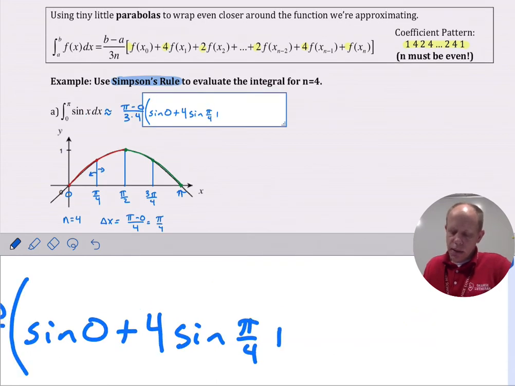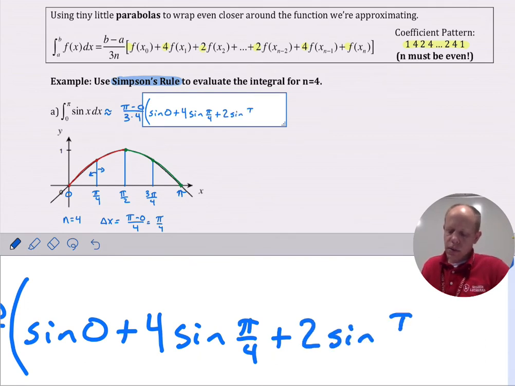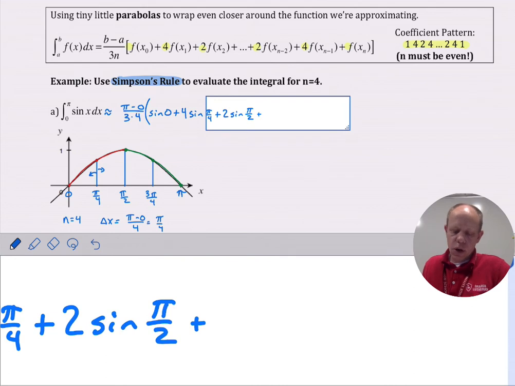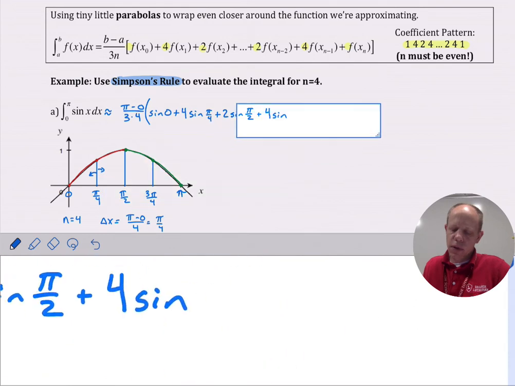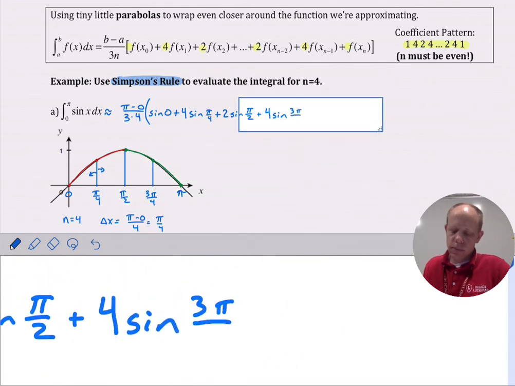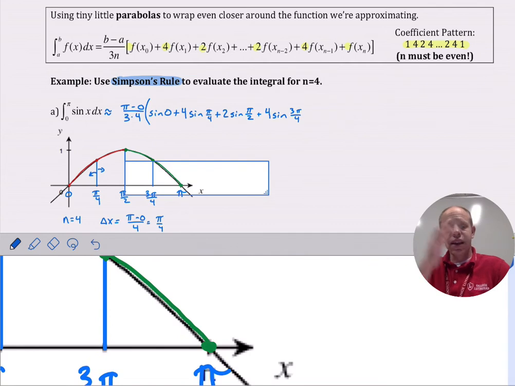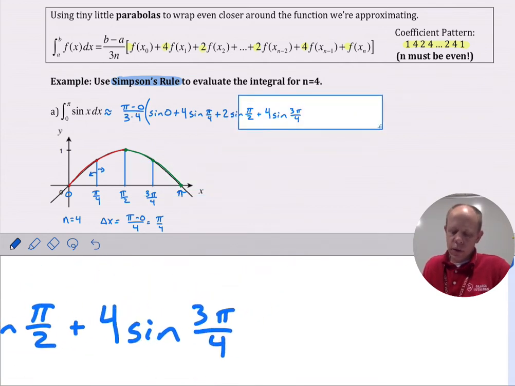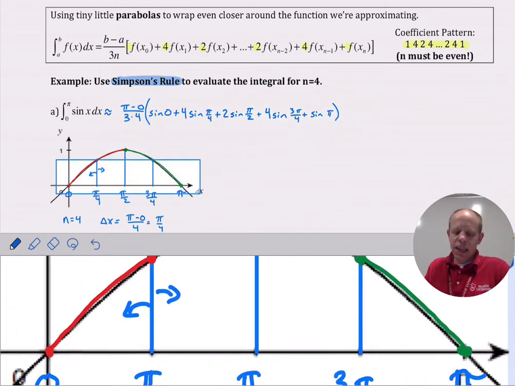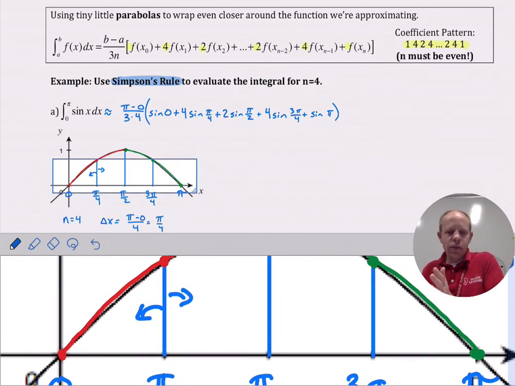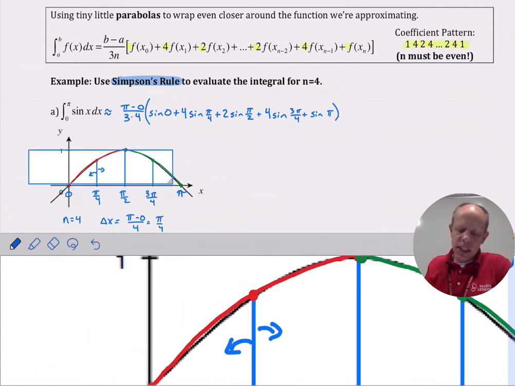Now we go back down to 2, so 2 sine of pi over 2. Then we go back up to 4, sine of 3 pi over 4. Finally, we're at the end of our interval, so we want just 1 sine of pi. You notice we had to have an even n value, so that when you split this up, you can put it into a certain number of parabolas, each having 3 points.